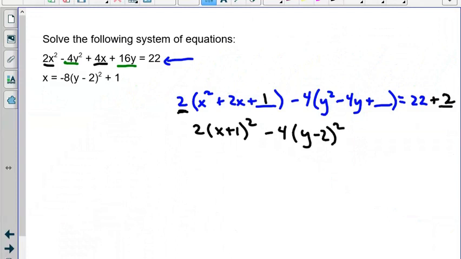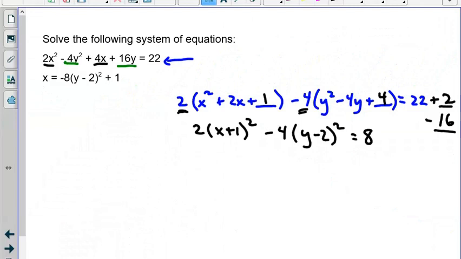Likewise, it's minus 4(y − 2)², and remember it's 4 times the negative 4 that's out here, so we're actually subtracting 16 to the other side. 22 plus 2 minus 16 is 8. So I've now completed the square.